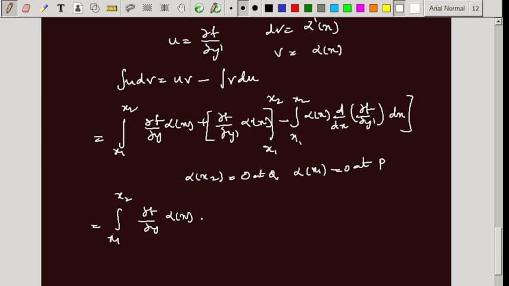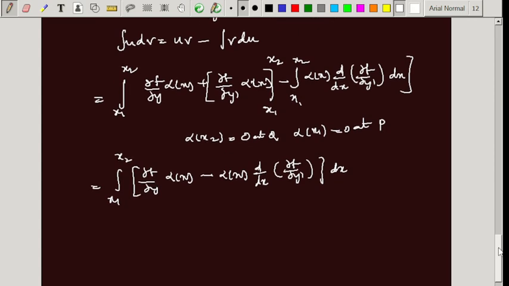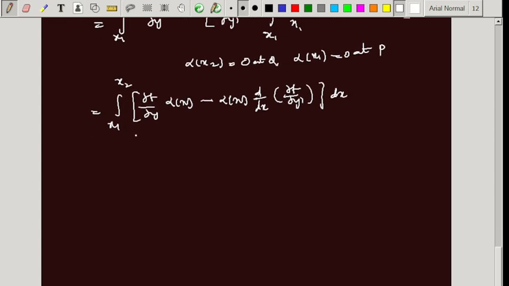Then this one is 0 minus this one is alpha x. Here limit is same, so we can write it as alpha of x into d by dx of dou f by dou y dash into dx.